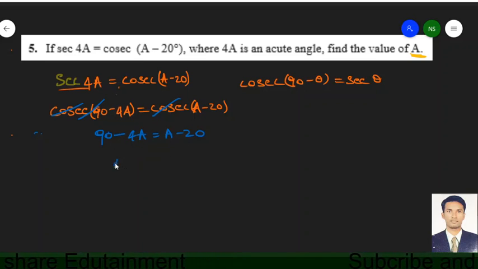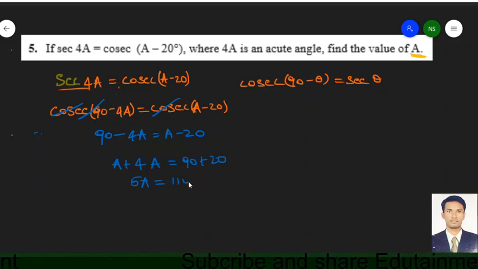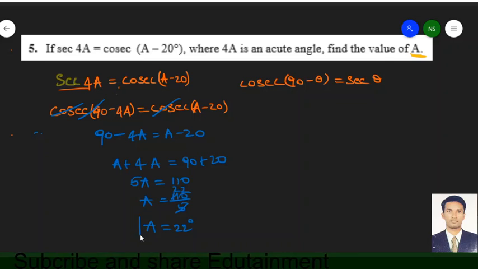So we will get A plus 4A equals 90 plus 20. 5A equals 110. A equals 110 divided by 5. 5 twos are 10, 5 twos are 10. So angle A is 22 degrees. Like that we will find out the solution. Okay, let's move to the next question.